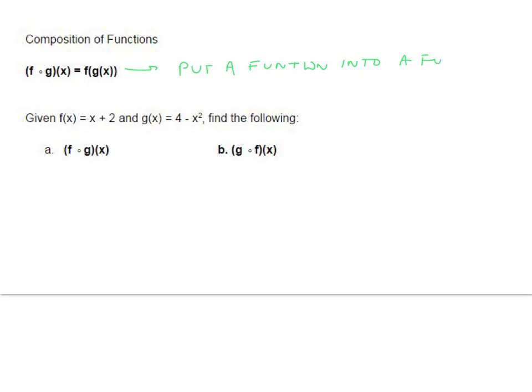And so there's an inside and an outside function. So the second one goes in. So the second one, this means put g into f. And the way that I like to remember it is the second one goes in.